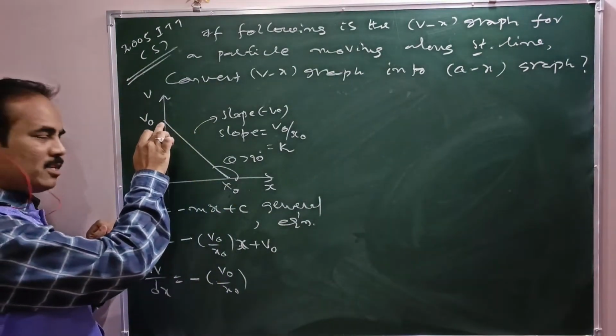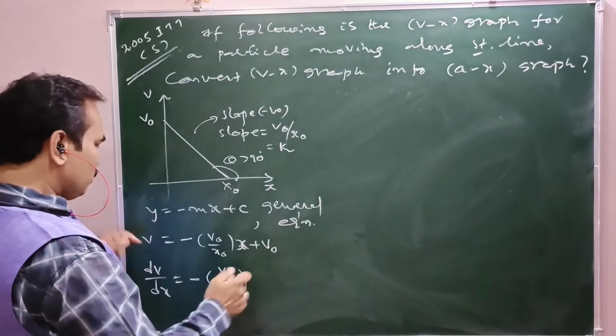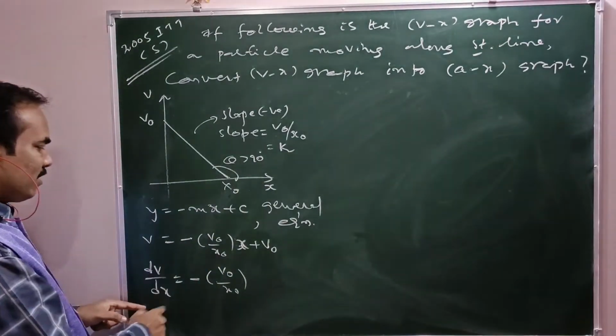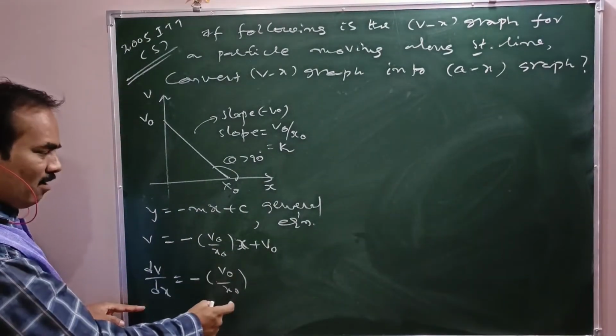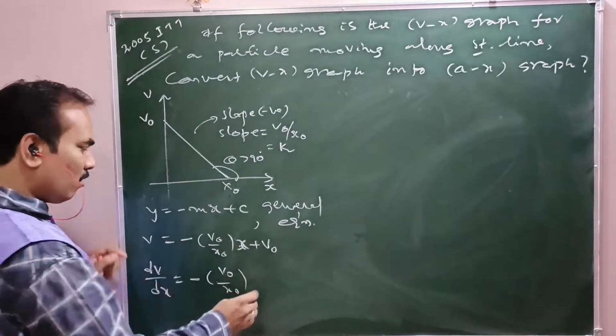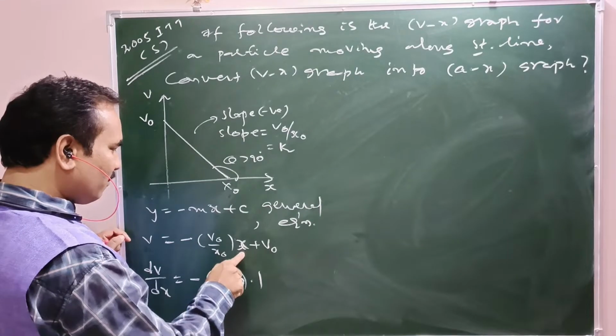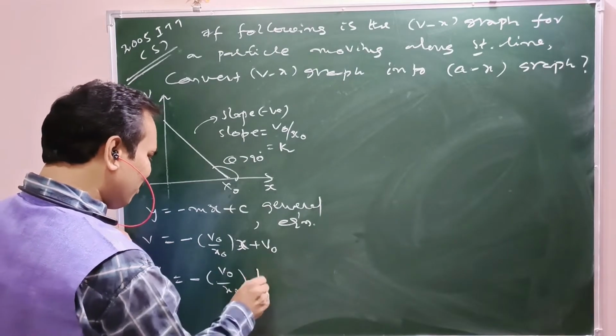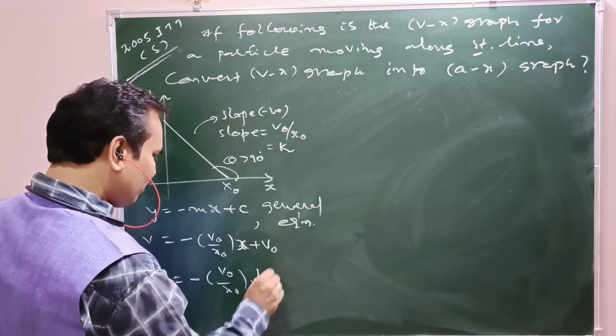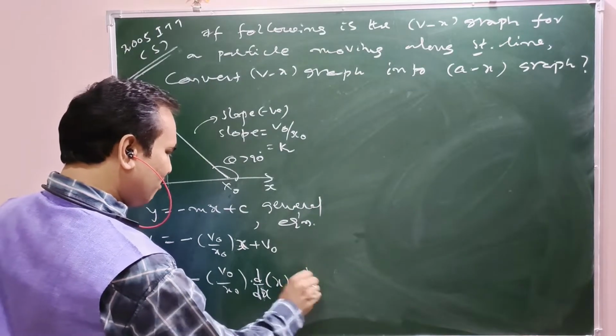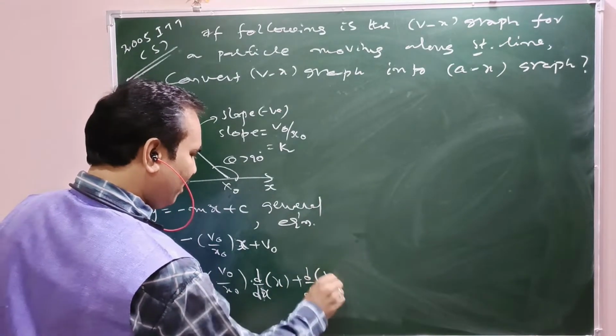This is also constant, so it becomes 0. So on differentiating, dv by dx equals minus v0 by x0 into 1 plus 0 into 1. Why? Because d by dx of x plus d by dx of v0.